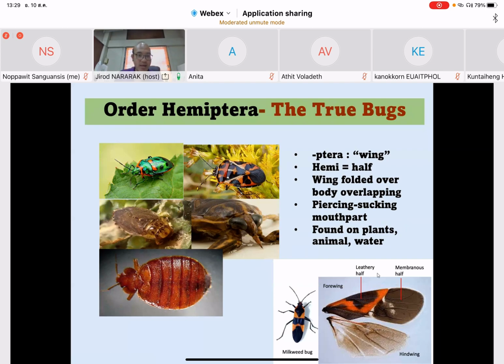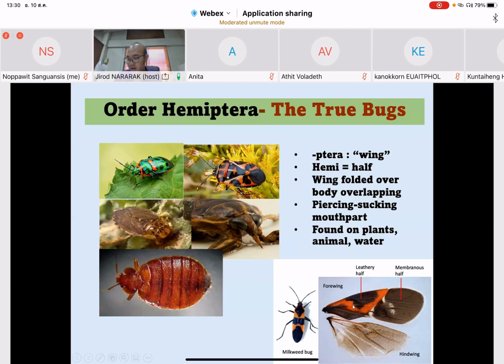So the next one is order Hemiptera, or the true bugs. Again, ptera means wing, and hemi refers to half. It means that the front wing here is half sclerotized.